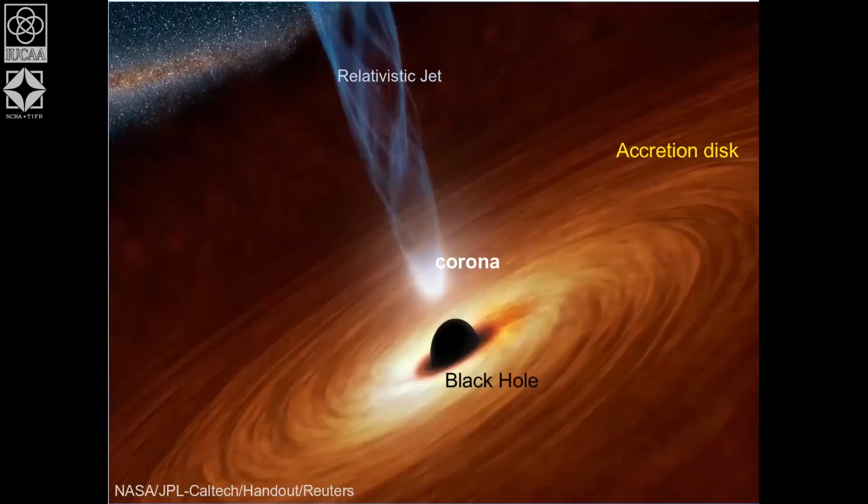So what do the innermost regions look like? We of course do not know. We cannot resolve and take a picture of the innermost regions, but from studies of time variability, spectroscopy, etc., this is what we think the innermost regions of AGNs may look like. First of all, there is a supermassive black hole, and surrounding it there is this accretion disk.